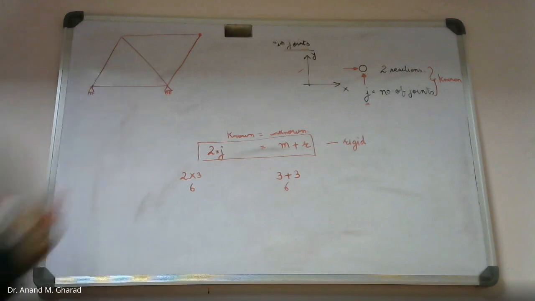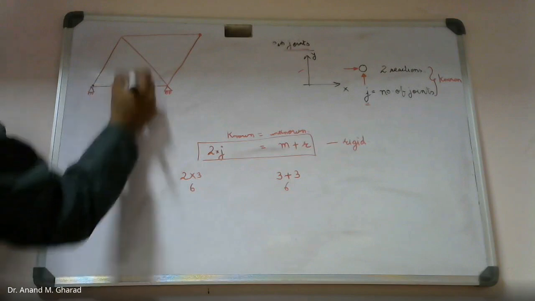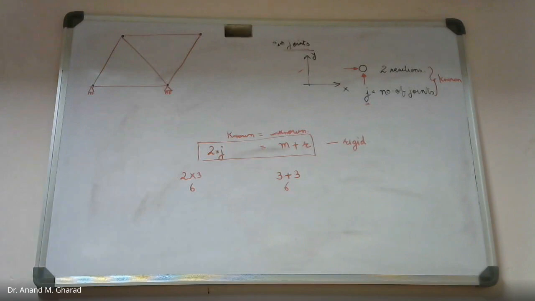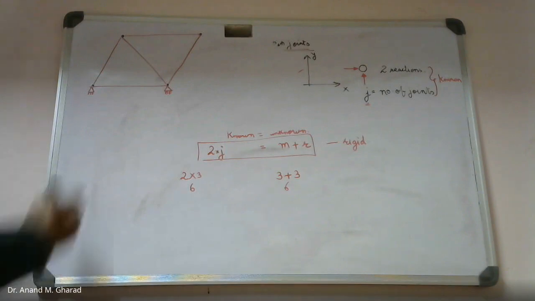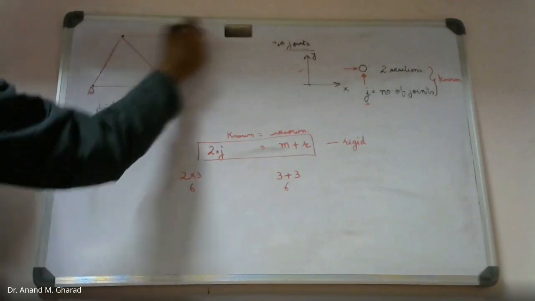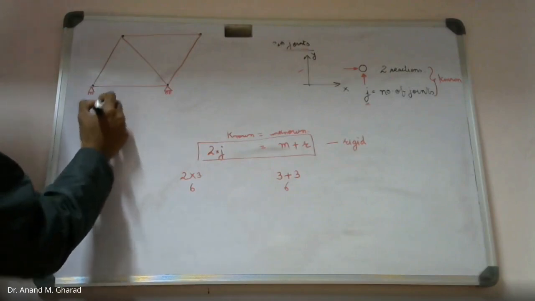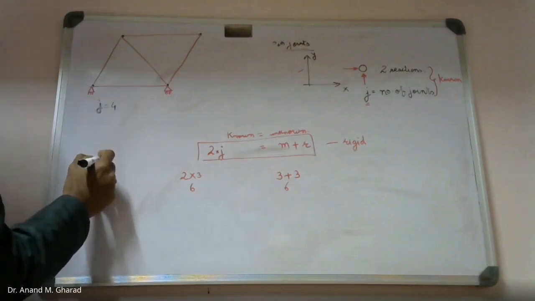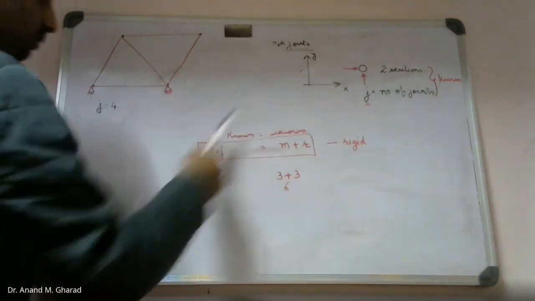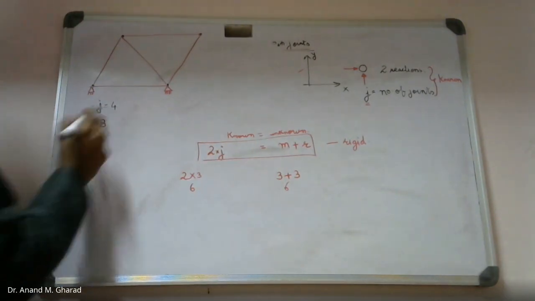So now please let me know how many joints do you find over here? Four joints. So I can say j equal to 4. 1, 2, 3, and 4 joints. How many reactions on pin supports do we have? That is 2. That is what we have written. So 2 times j will be 8.